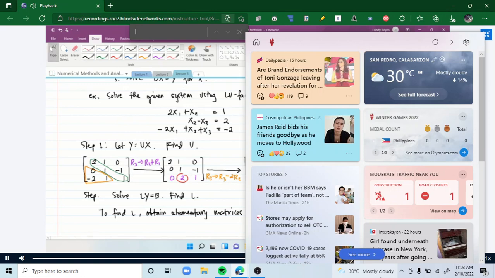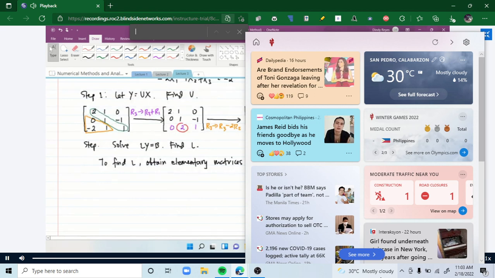For each elementary row operation performed in step 1, there is a corresponding elementary matrix. Since the coefficient matrix is a 3 by 3 matrix, we'll start with the 3 by 3 identity matrix also here: 1, 0, 0, 0, 1, 0, 0, 0, 1.